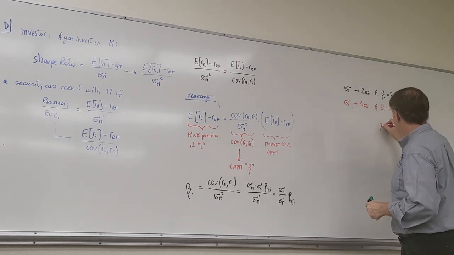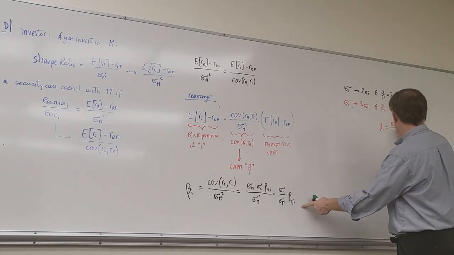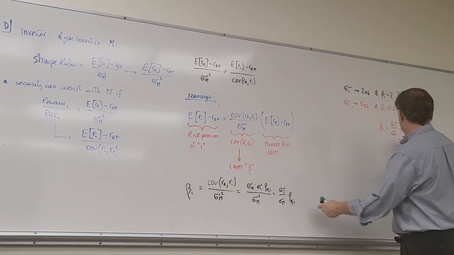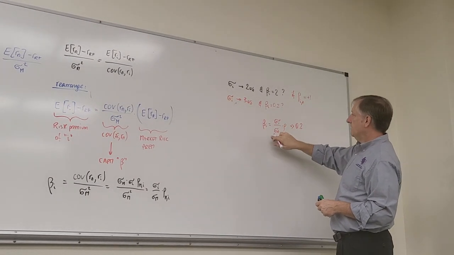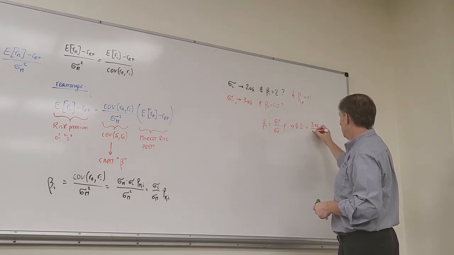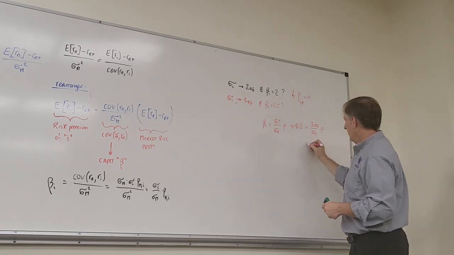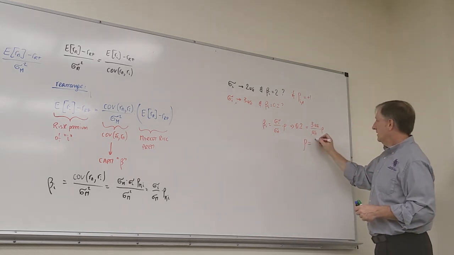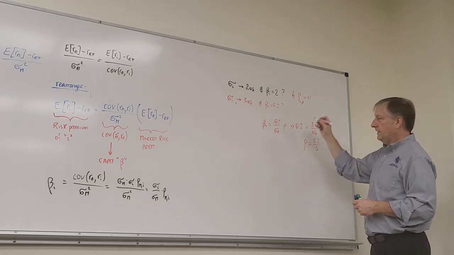Beta is sigma i over sigma m times rho. Yep. And we said beta of i is 0.2. Sigma i is what? 3 times sigma m. This and this cancel each other out. Well then, for rho, if the correlation is 0.2 divided by 3, then this is exactly possible.